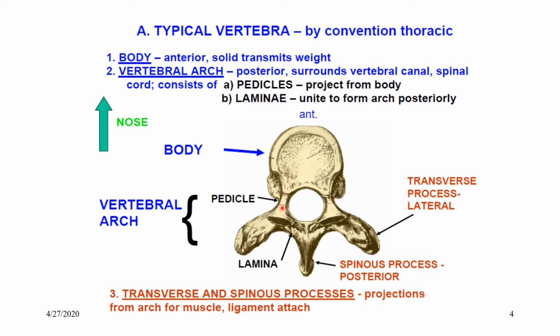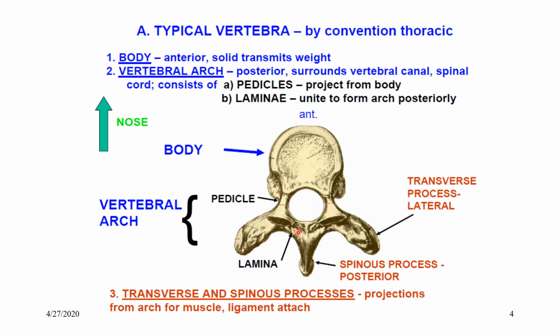Then posteriorly you are seeing the vertebral arch which surrounds the vertebral canal. This is the vertebral canal, which contains the spinal cord with its covering meninges. And the vertebral arch consists of pedicles that are projecting from the body.